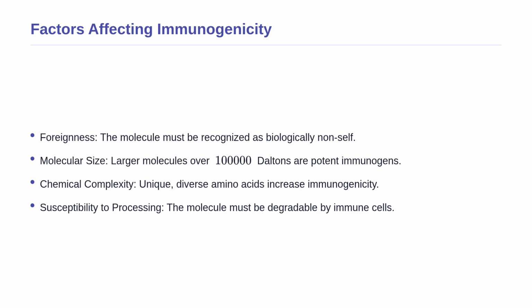Large molecules, over 100,000 Daltons, are potent, while tiny ones are ignored. Third is chemical complexity. A diverse protein is highly immunogenic. Finally, it must be susceptible to processing, meaning immune cells can degrade and present it. These 4 factors dictate whether a molecule is a silent antigen or a powerful immunogen.